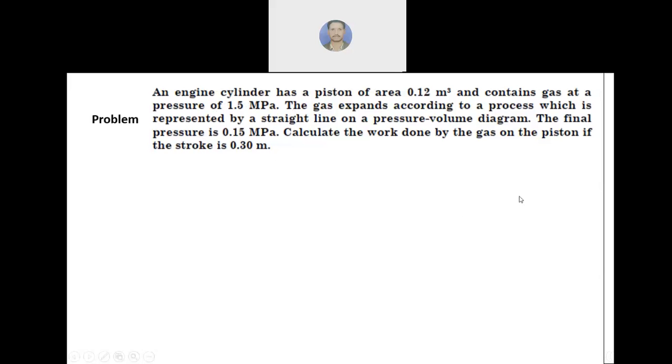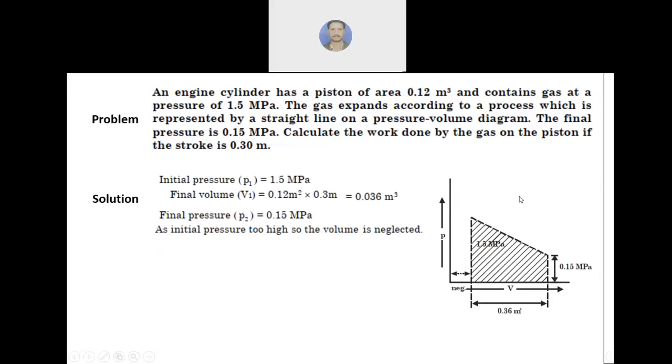How to proceed? We have to draw the PV diagram for it, which means the pressure volume diagram. As you can see here, initially the pressure was 1.5 megapascal, so this is the initial point.